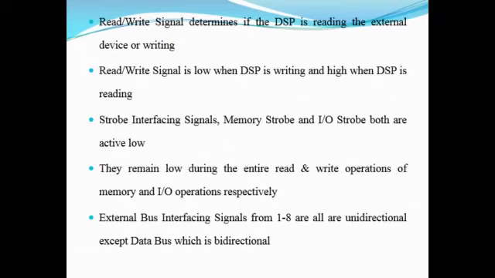Then strobe interfacing signals. At the end we have seen that strobe interfacing signals are available, which are memory strobe and IO strobe. Both are active low. They remain low during the entire read and write operations of the memory and IO operations respectively.